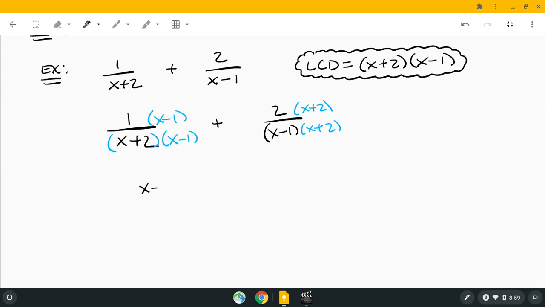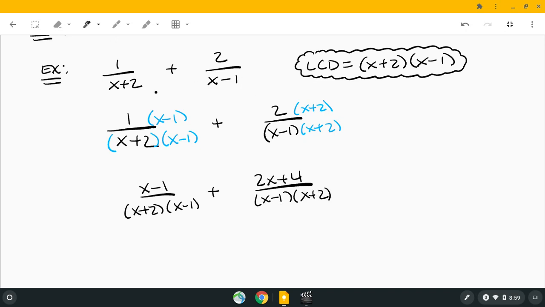So here we get x minus 1. And over here, distributing this 2, I get 2x plus 4, over x minus 1, x plus 2.